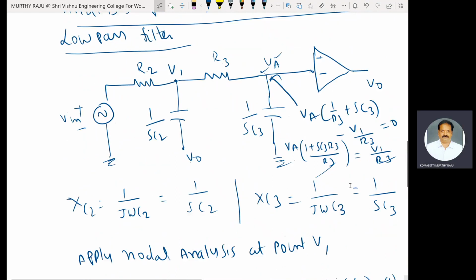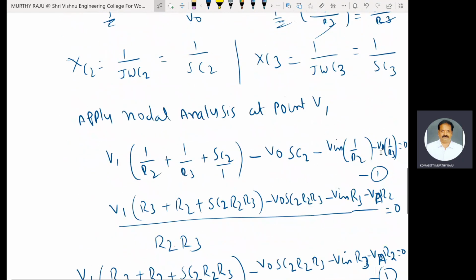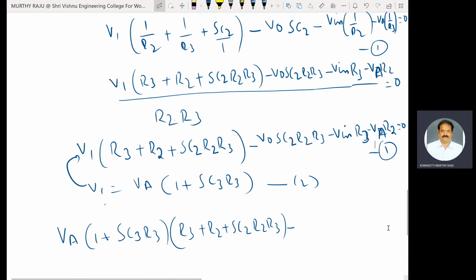Instead of VA, I used V0 by mistake; instead of V0, we use VA here.